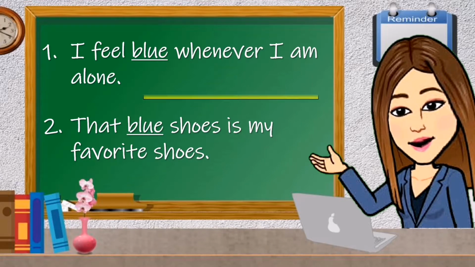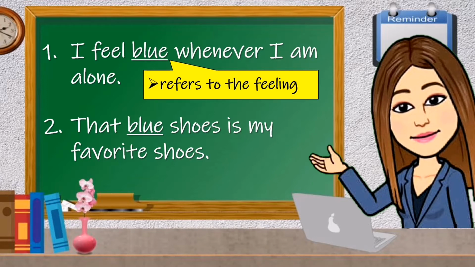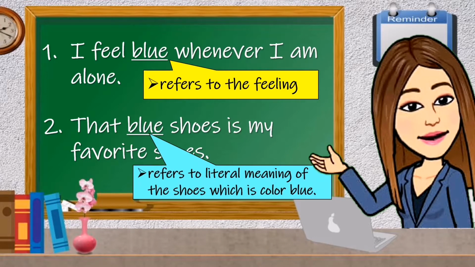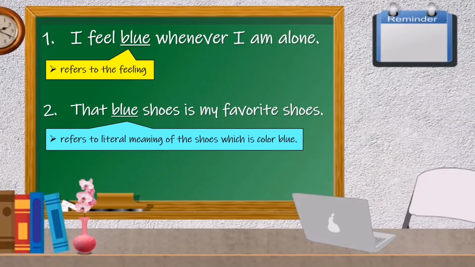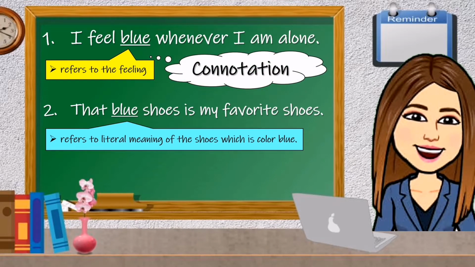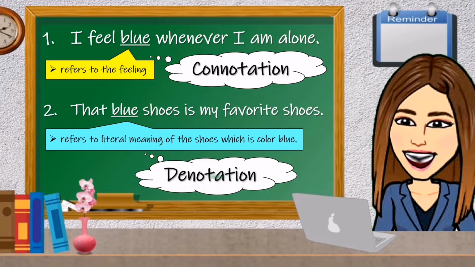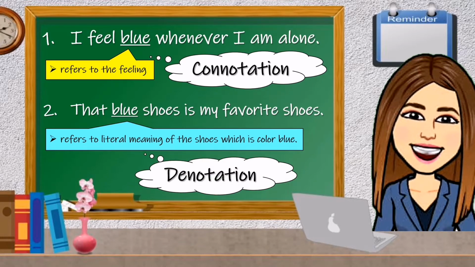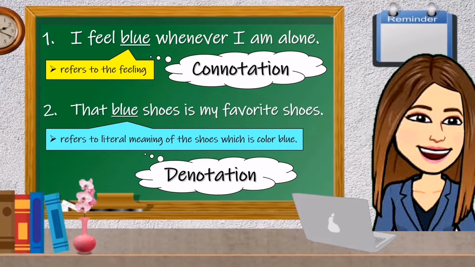In sentence number 1, blue refers to the feeling which means sadness, while the word blue in sentence number 2 refers to the literal meaning of the shoes, which is color blue. So the first sentence is an example of connotation because it involves emotions or the feeling of being blue, while the second sentence is an example of denotation because it refers to the exact meaning or the literal meaning of the word that is being used.